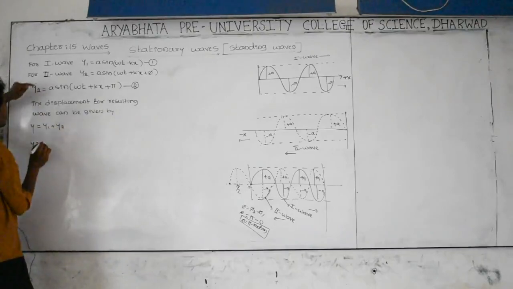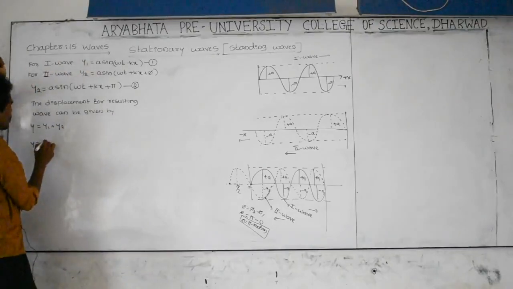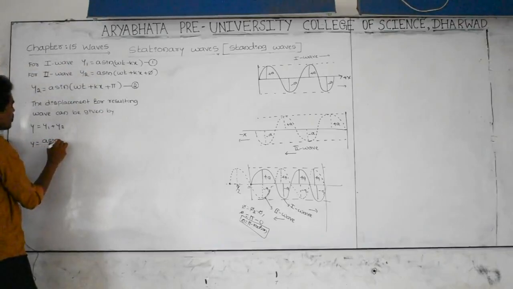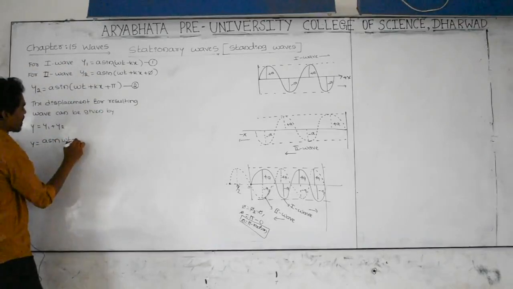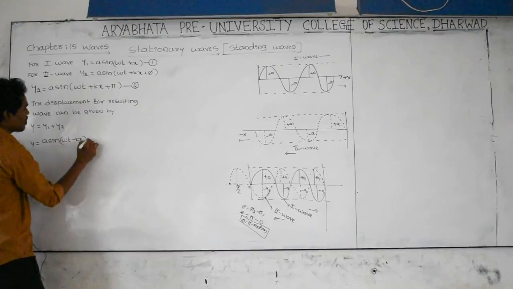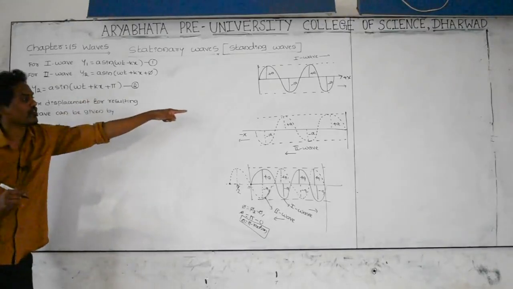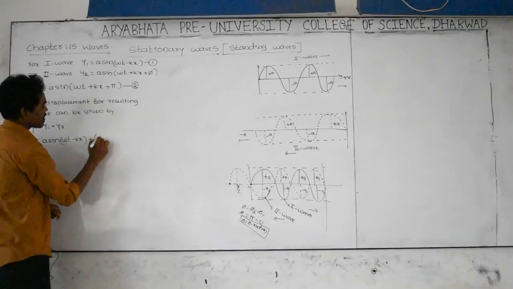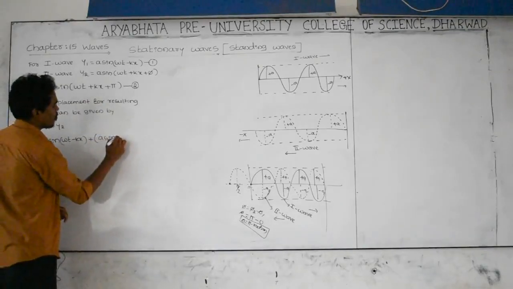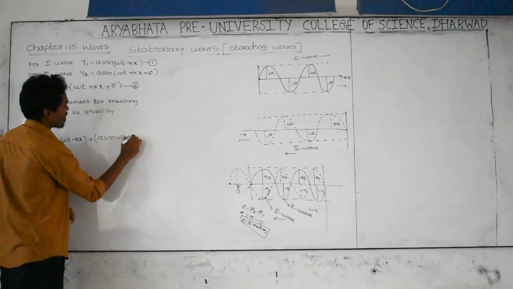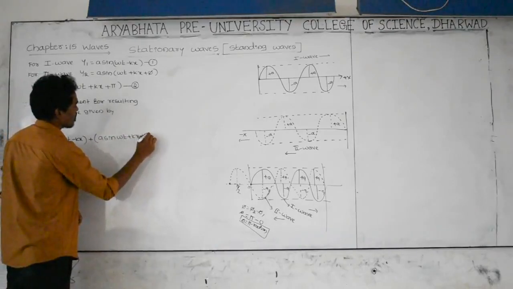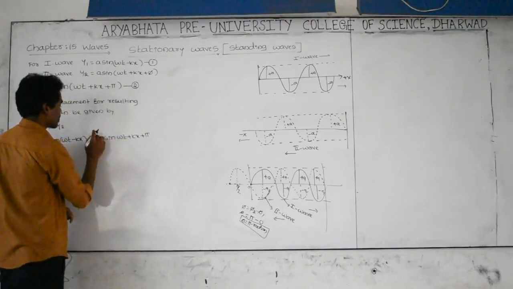Here y1 is the equation for the first traveling wave, a sin of omega t minus kx, plus y2, the displacement for the second traveling wave, that is a sin of omega t plus kx plus pi.